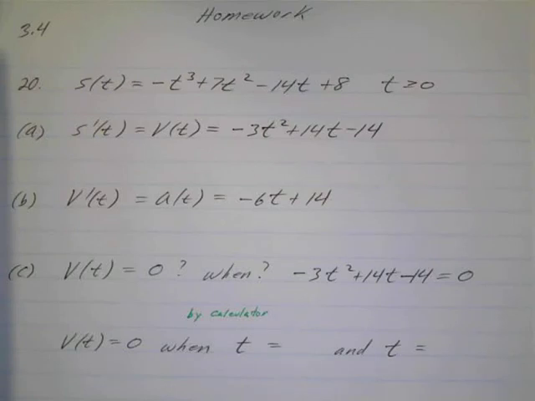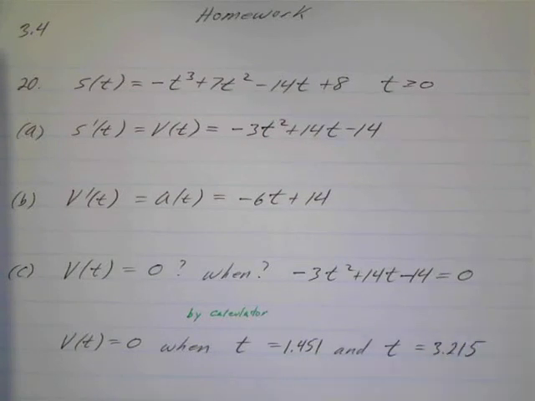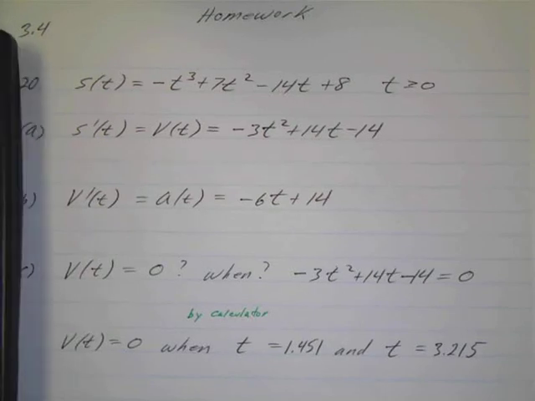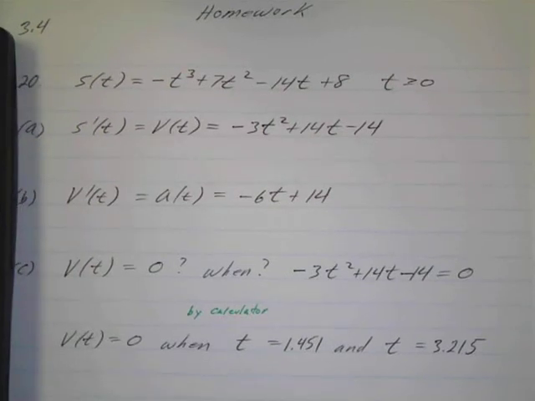That's going to be 1.45, and I can just say 1.451 if I want, and 3.215. And that was the answer to letter C. That's when my velocity was equal to 0. Okay? Any questions so far?